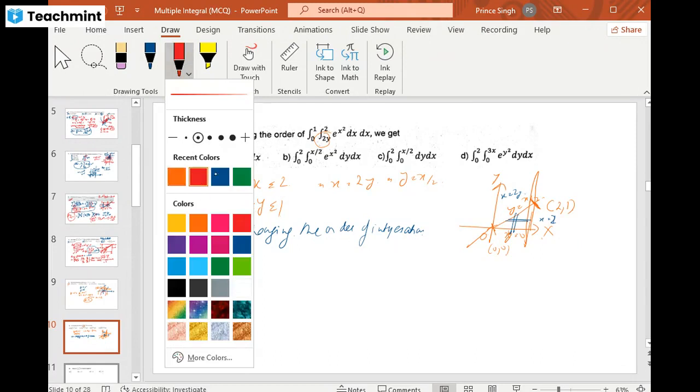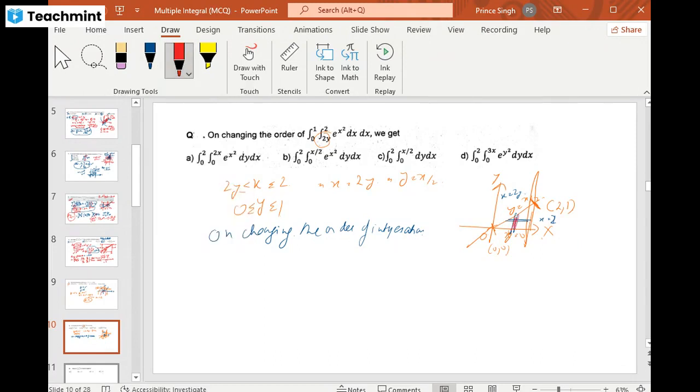Vertically means the value of y starts from the x-axis and ends at the line. So along the x-axis the limit of y is 0, and along this line the limit of y is x by 2, and the limit of x varies from boundary to boundary. So the limit of x varies from 0 to 2.